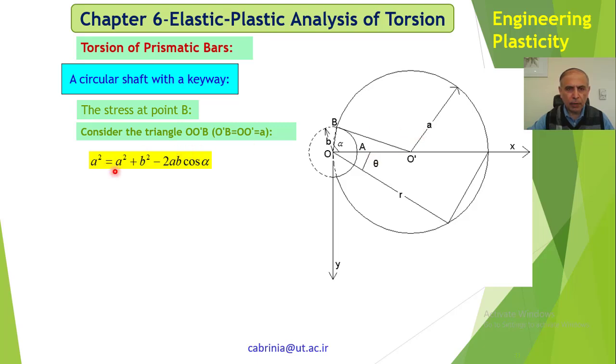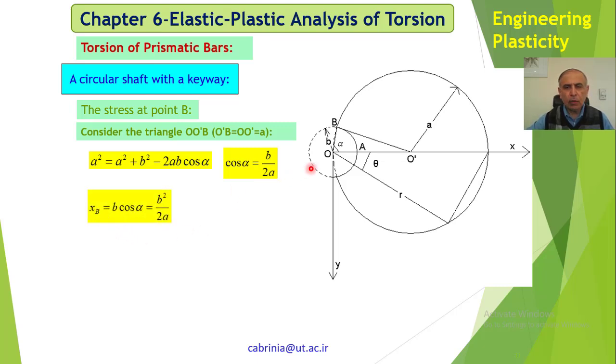Therefore, a squared is equal to a squared plus b squared minus 2ab cos alpha, because this chord here makes the angle alpha in here. And cos alpha is equal to b over 2a.